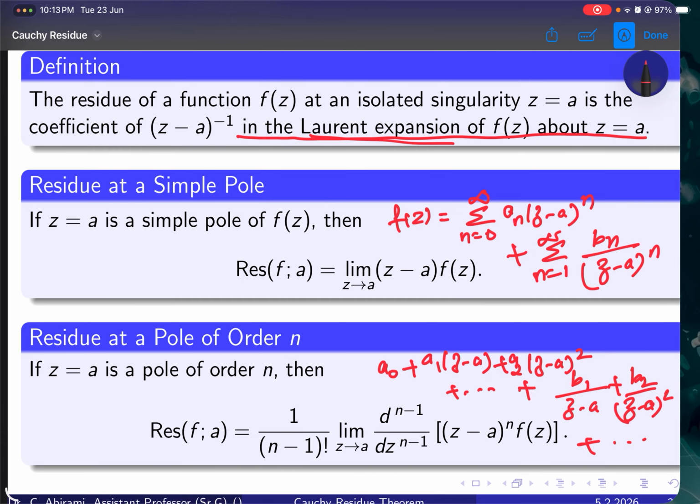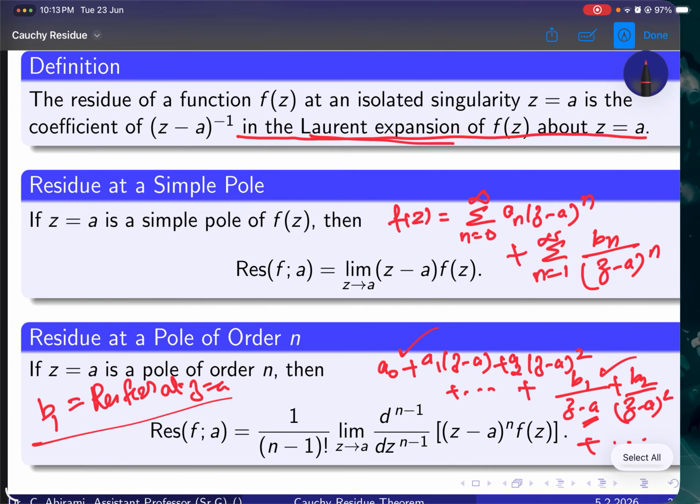See, the expansion contains positive as well as negative powers of z minus a. In this expansion, the coefficient of 1 by z minus a gives the residue of f of z. So the coefficient of 1 by z minus a means b1. b1 is the residue of f of z at z is equal to a. This is one way of computing residue.